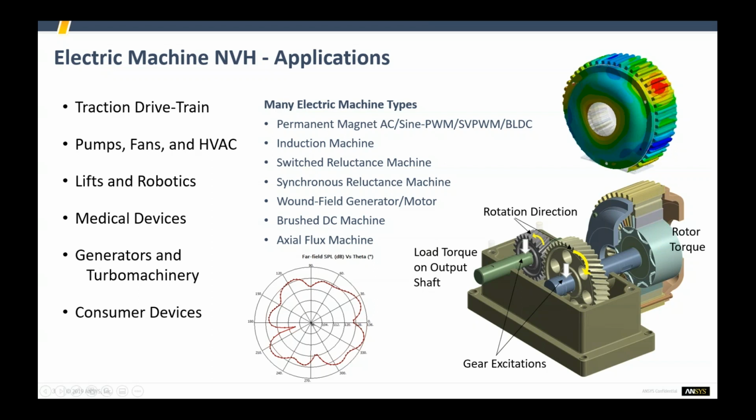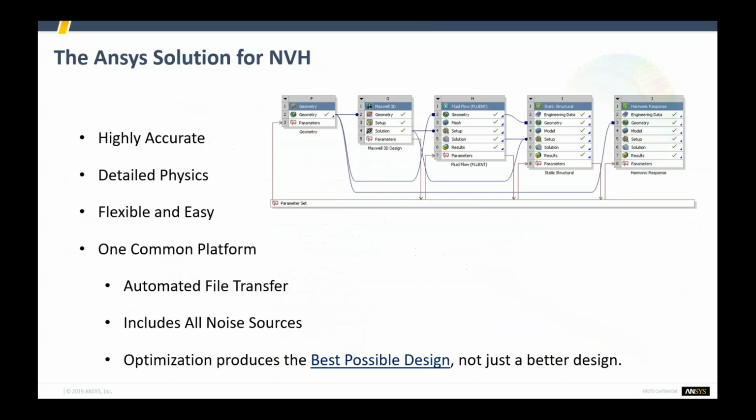There are a lot of machines that need to be addressed in order for Ansys to have a full comprehensive portfolio or templates for those machines in order to simulate.